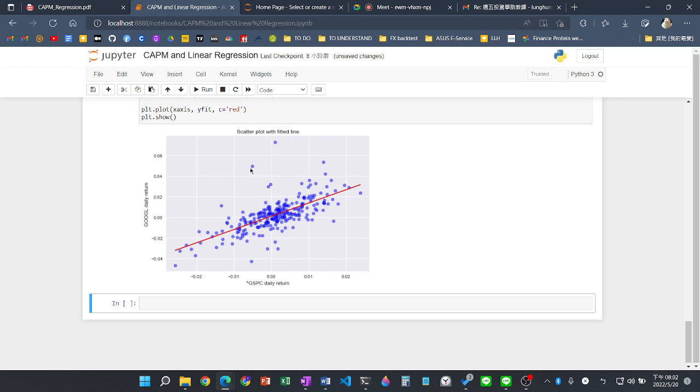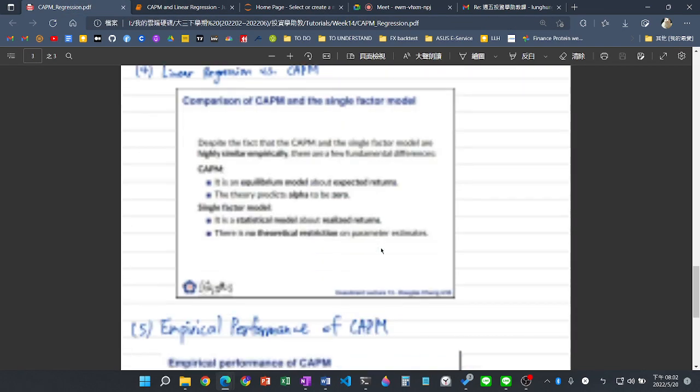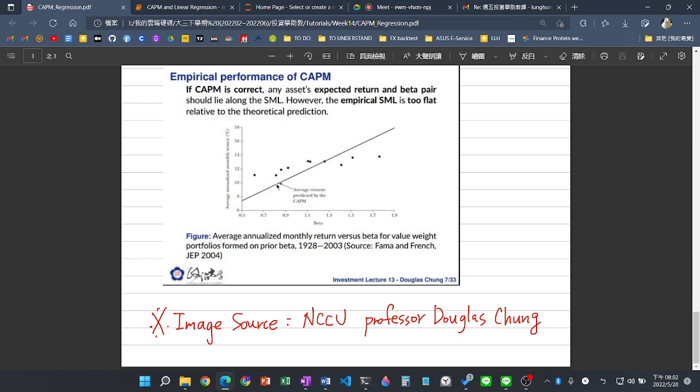Here you can see that we pretty much get a nice fit, but of course there will always be some outliers. And it seems like in our data set we don't see the empirical result, that the actual SML is flatter than the theoretical CAPM.